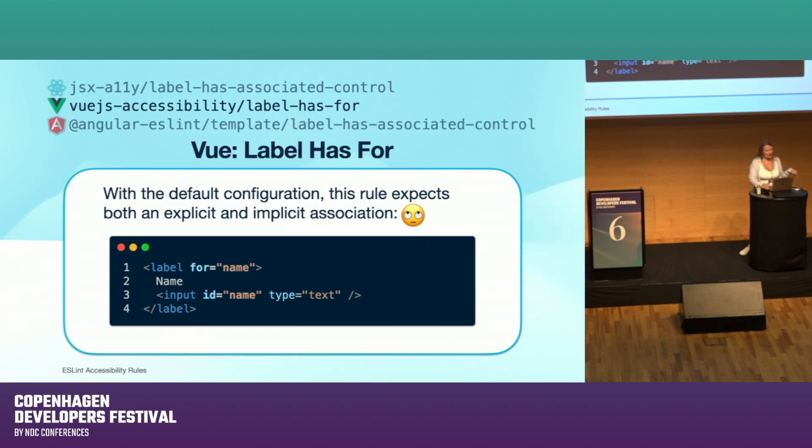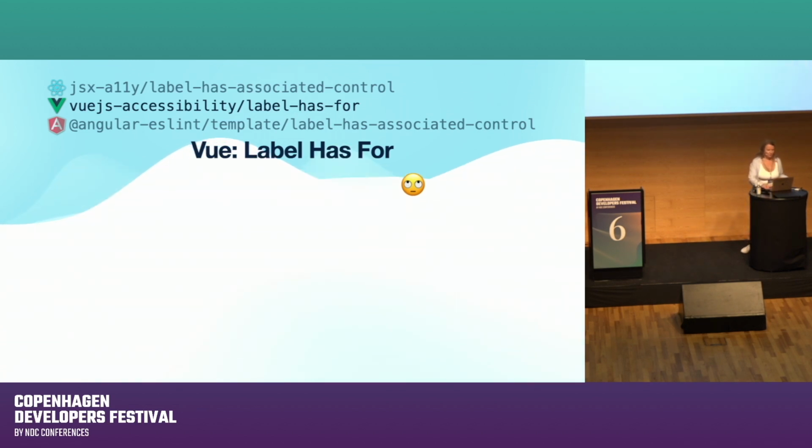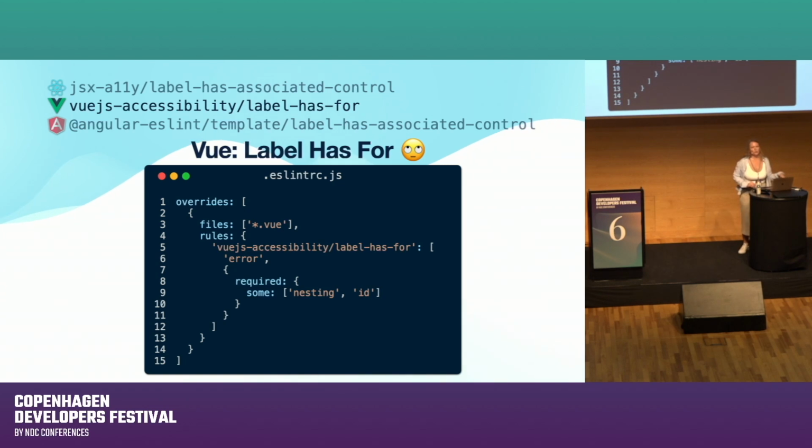There's another ticket about the default configuration on this rule requiring both an explicit with matching for and ID and implicit association by nesting the form control. You must configure this rule to require only one of those checks for nesting controls or for the for and ID attributes. Applying this on top of the recommended configuration makes this label has for rule behave like the label has associated control rule.